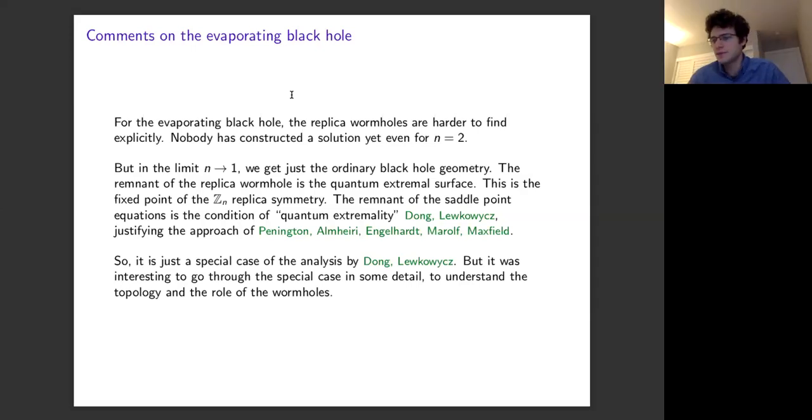Well, an example where we can discuss this is in the simplest examples, like for the eternal black hole, the quantum extremal surface is close to the bifurcation surface. So it's close to a classical extremum. So a small effect can move it slightly, and that's all you need in this case.